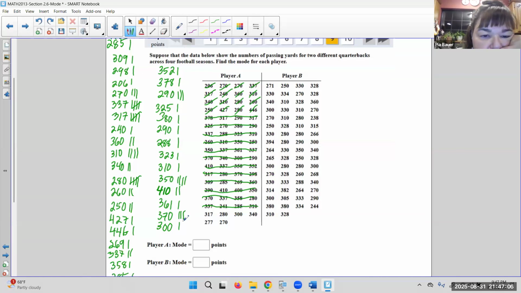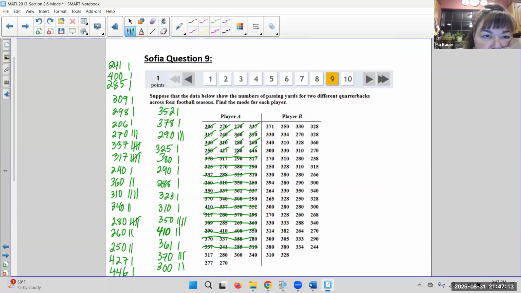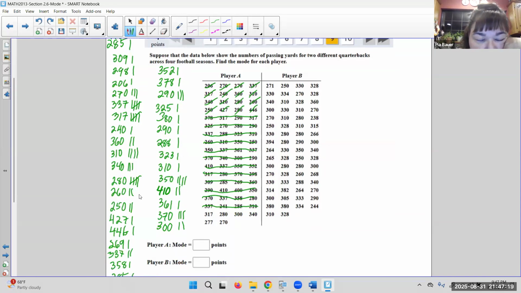Oh no, it's right here. 340 sounds like a new one. No, it's right here. Then I have 277 and 270.